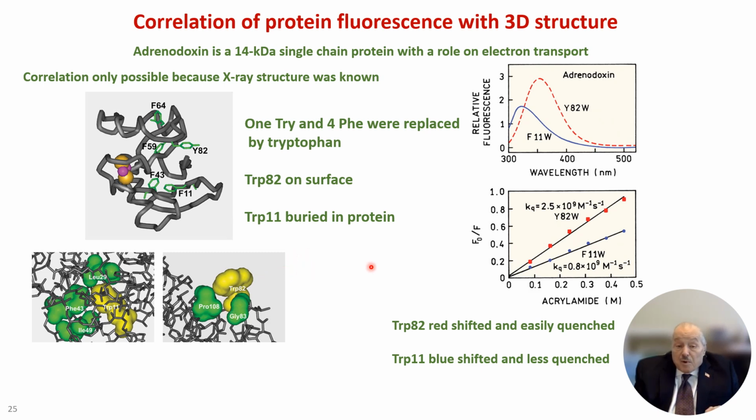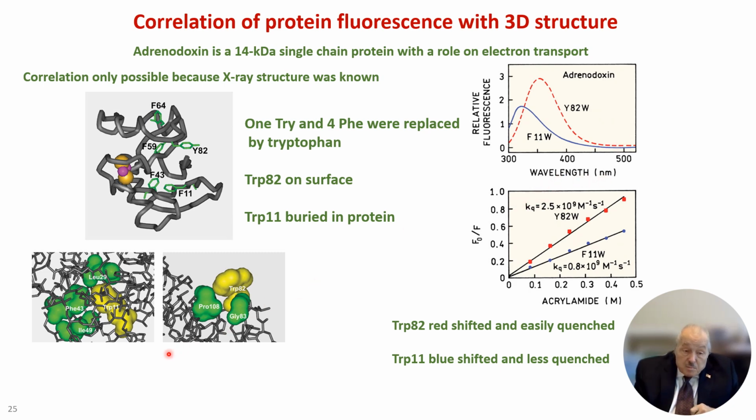Another one was buried in the protein, which I think is this one here, which is Trp 11. And they looked at these proteins, and as would be expected, the tryptophan 82 looked like the typical well-exposed tryptophan residue.